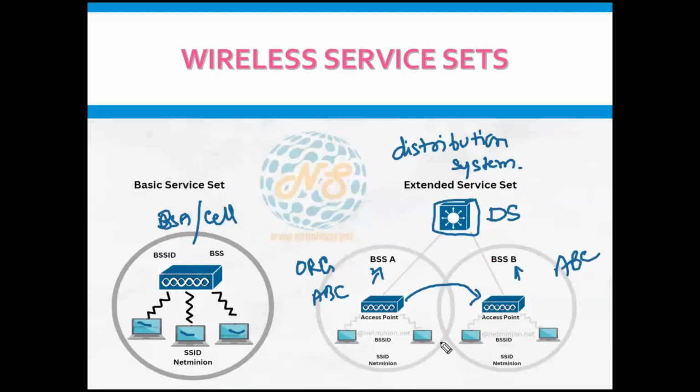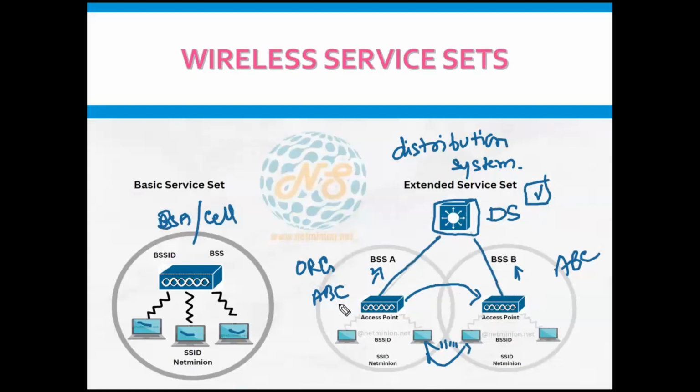You can have IP telephonic calls, you can do a chat, a lot of communication can be there. For that, you need some wired connectivity also. When they are connected with some kind of switch, it is named as the distribution system or DS, and all the VLAN configuration will be done here.